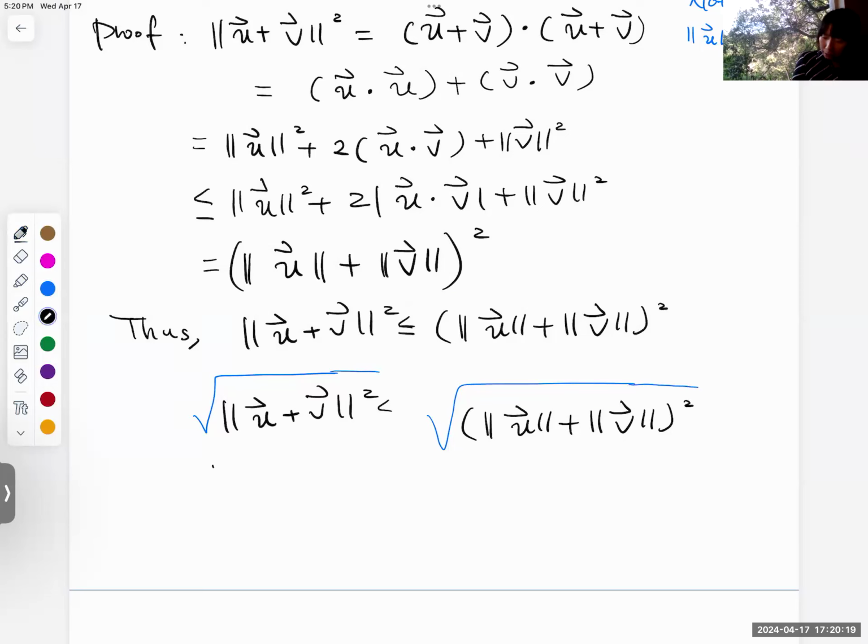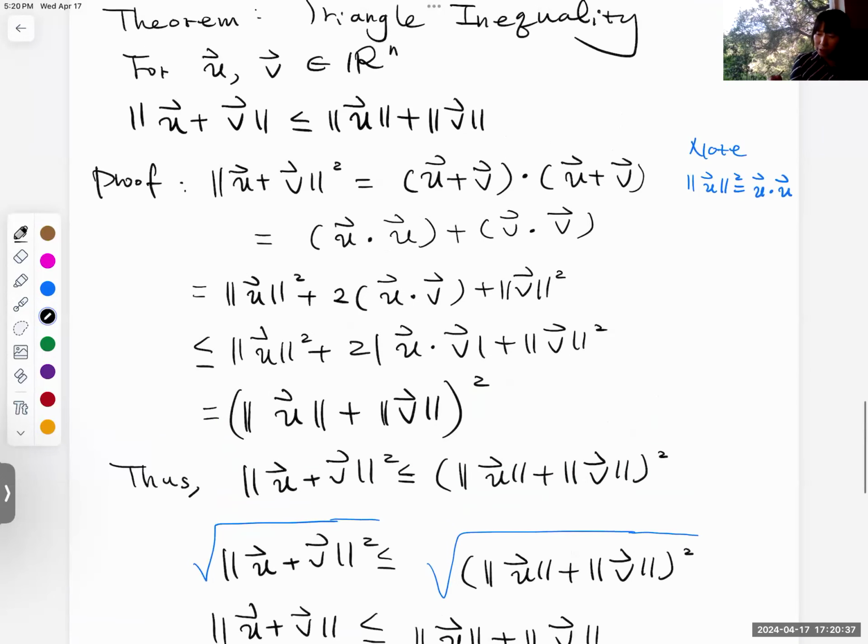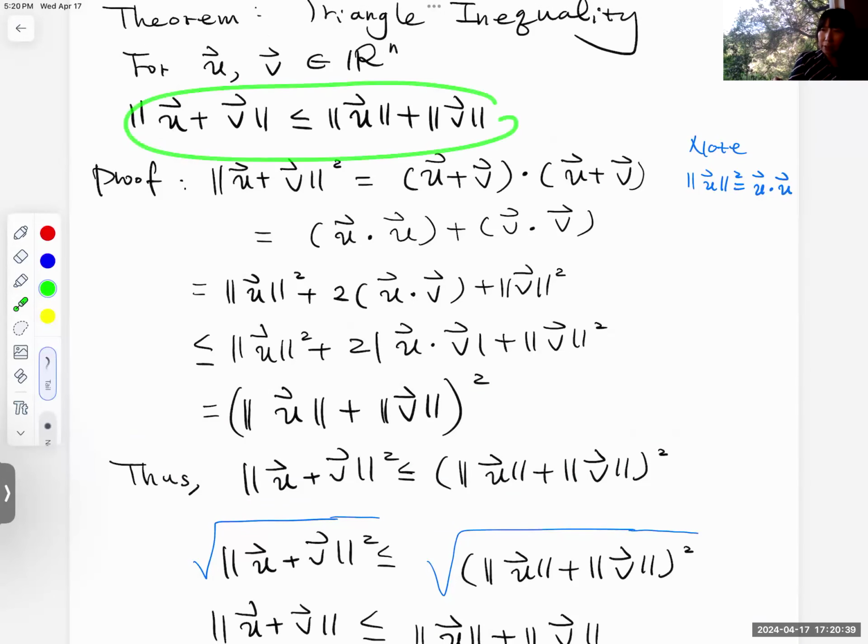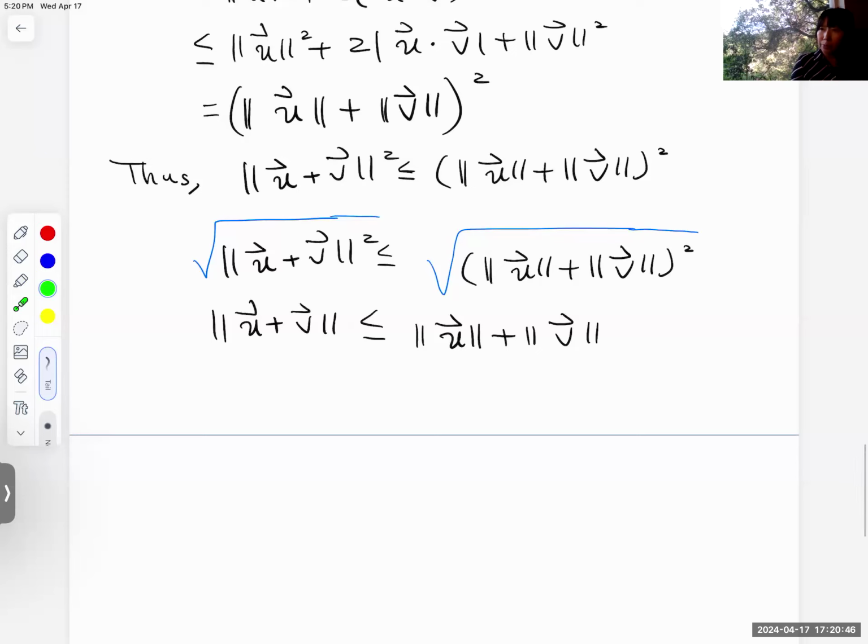So there will be the magnitude of u plus v less than or equal to the magnitude of u plus the magnitude of v, which is what we designed here, right? So this is how we prove it. Okay. Any question?